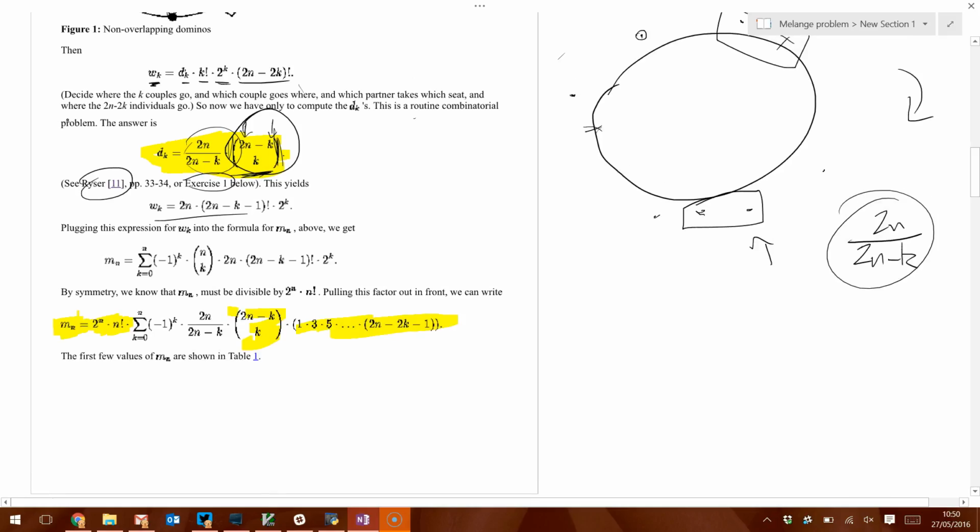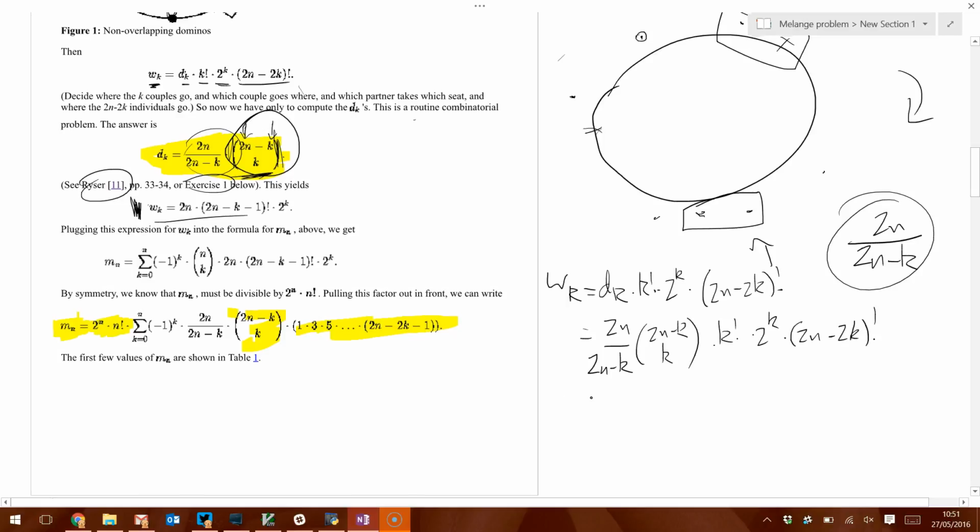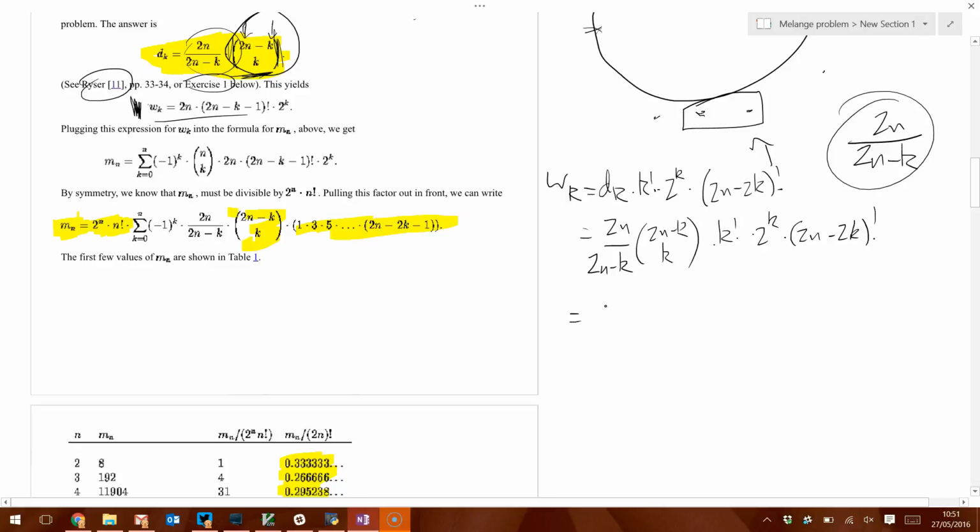So, got it right now. W_k is d_k times k factorial times 2 to the k times 2n minus 2k factorial, and we're going to need to simplify it to get this thing over here. So d_k was 2n over 2n minus k, times 2n minus k choose k, times k factorial times 2 to the k times 2n minus 2k factorial, and let's expand out this binomial thing.